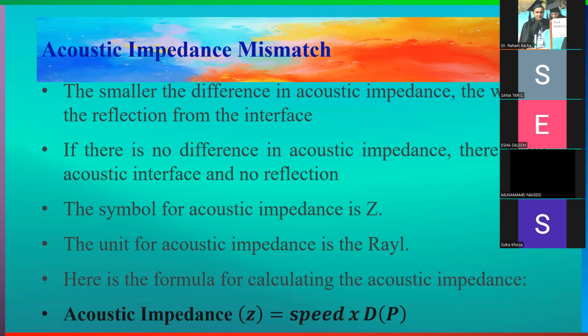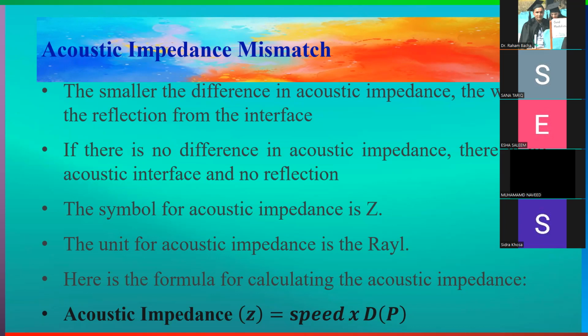If the molecular arrangements of two media are different from each other, then there will be an interface, a media boundary, a reflector, and sound waves will reflect from that interface.